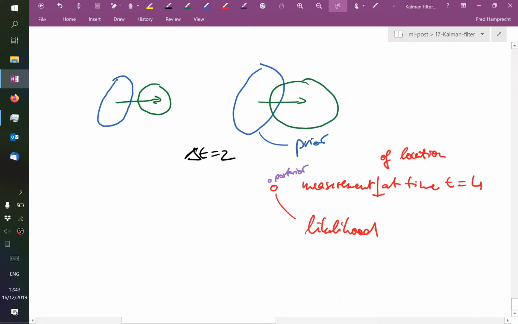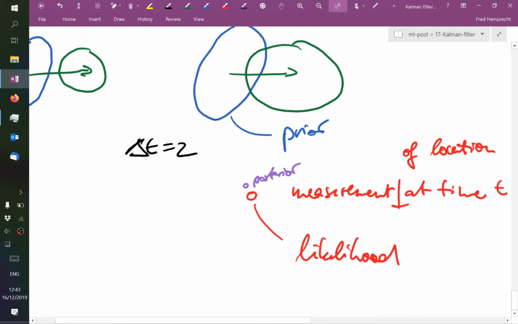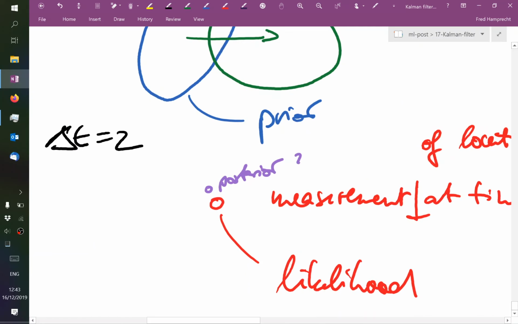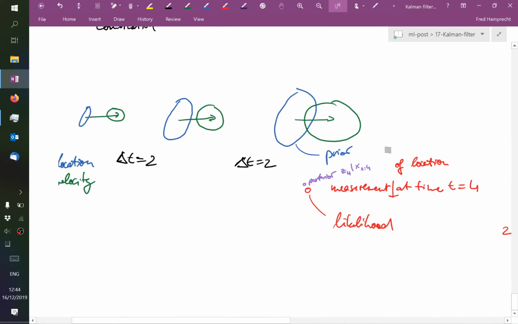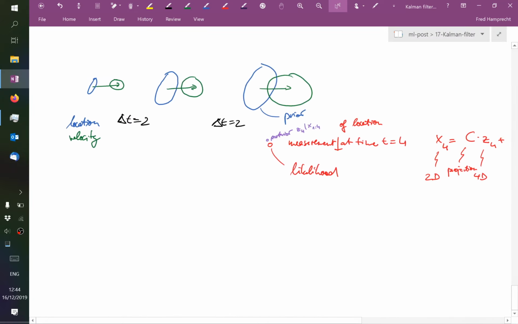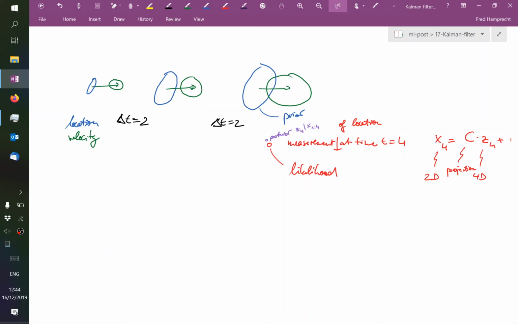That would be my posterior. So the posterior here would be z4 given all observations I have to date. I'm writing x1 through 4, even though here in practice I only had a single observation so far. Good. This was my new posterior.